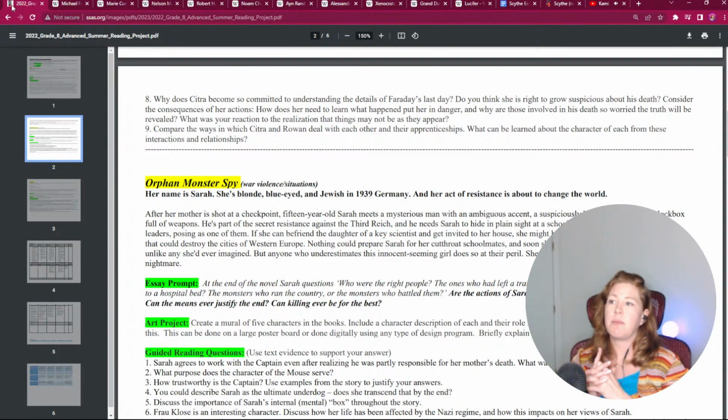It seems to me, if I had to guess what was going to happen in the next book, because I haven't read it, I would guess that Citra would be the inside man, so to speak, right? She would be the ordained Scythe in the Scythedom working to change it from within. And then Rowan is the outside man, right?